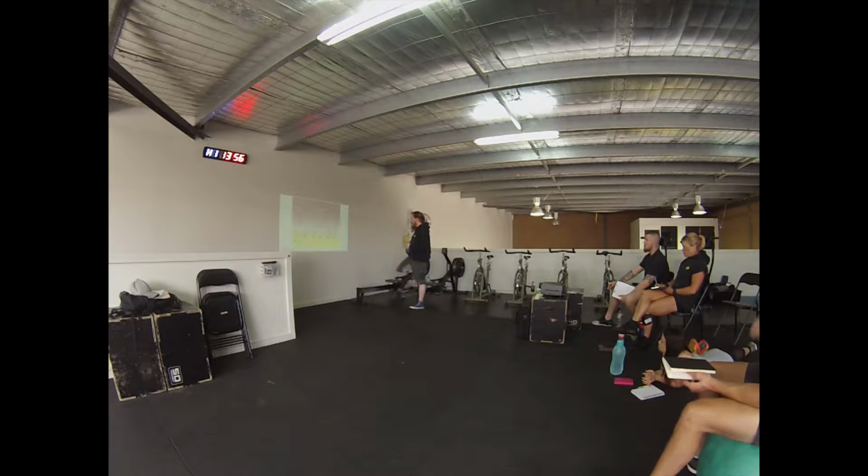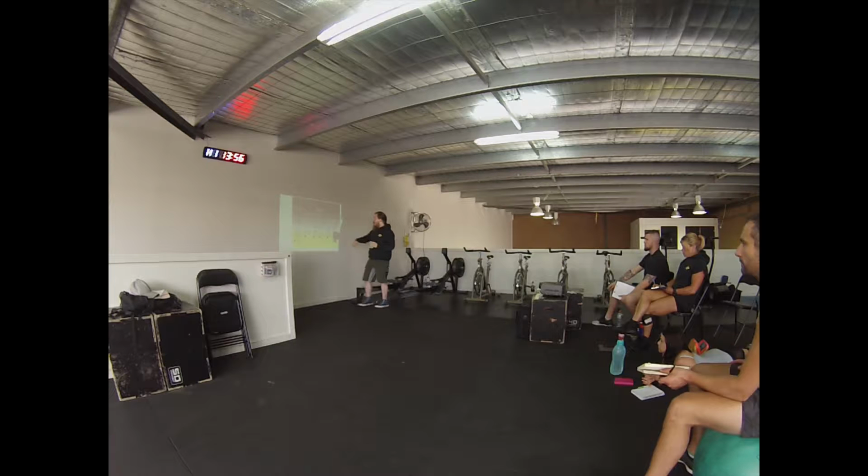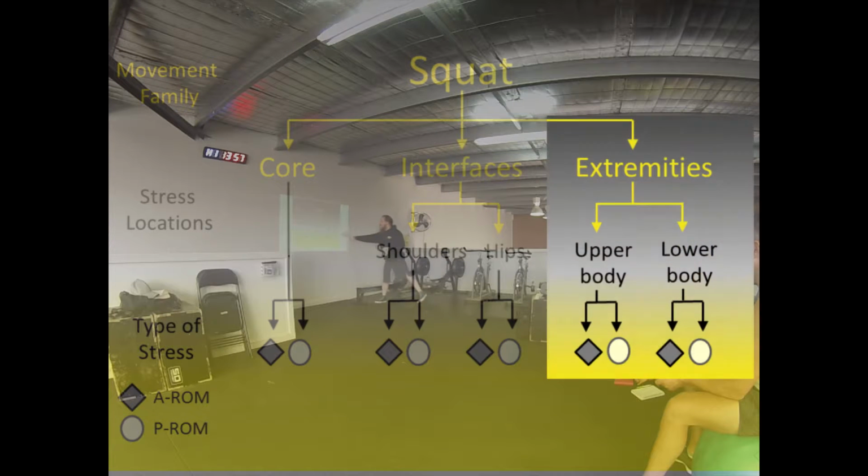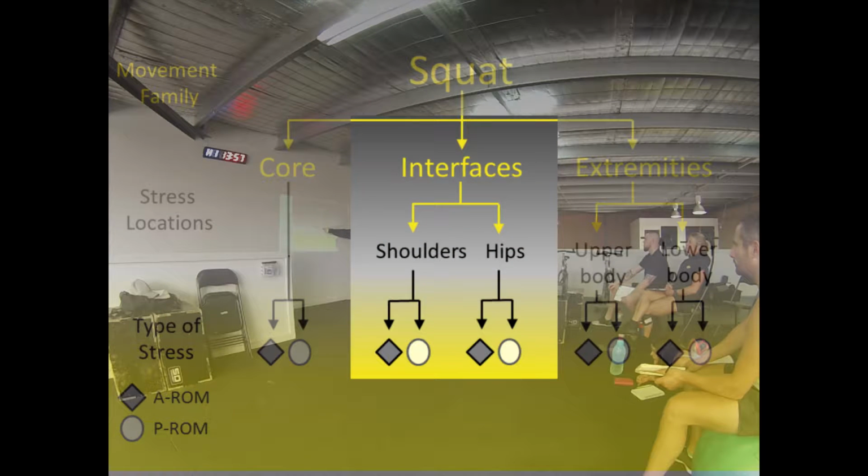Right. The interfaces, we've got the shoulders and the hips, right? You can almost think of these like the hinge in the door, right? Without the hinge, it doesn't do anything. It's not going anywhere. If you want to be able to use these to push weight, they get their leverage from here, right?